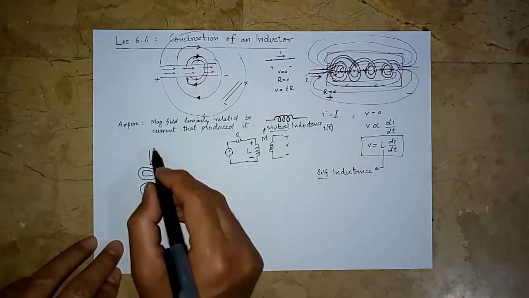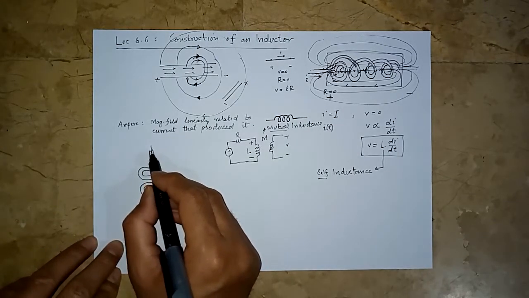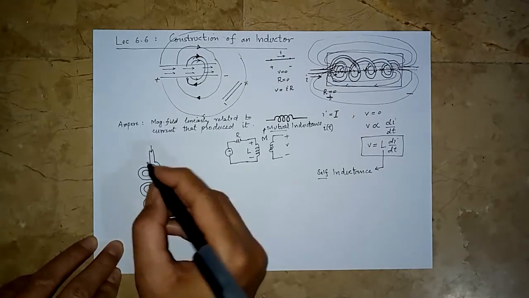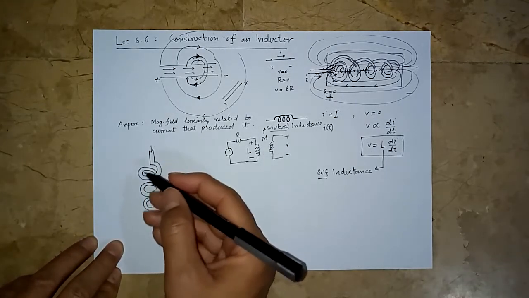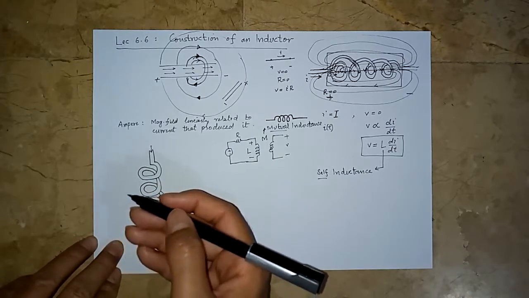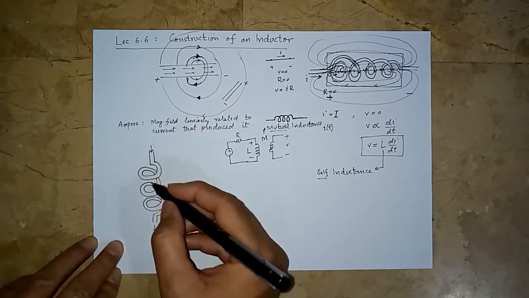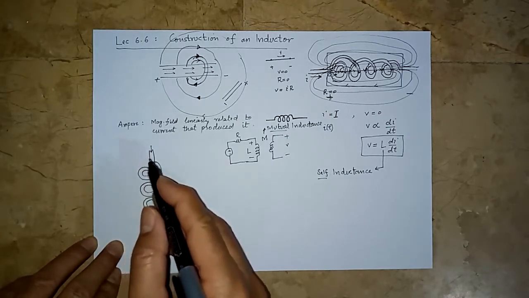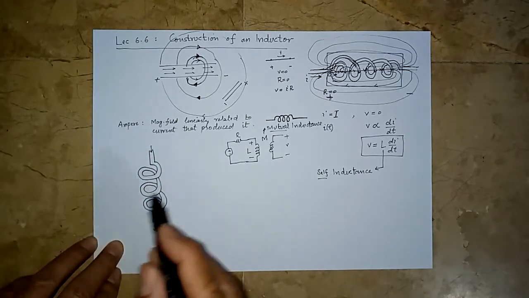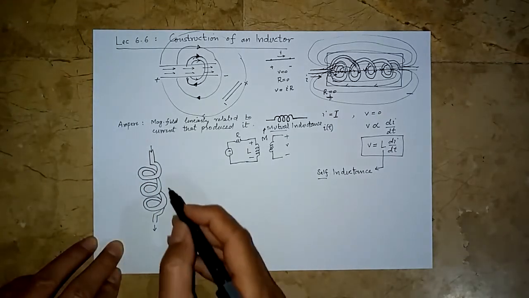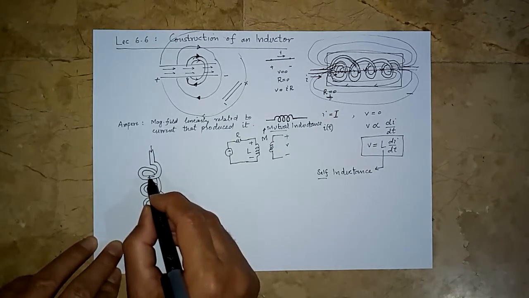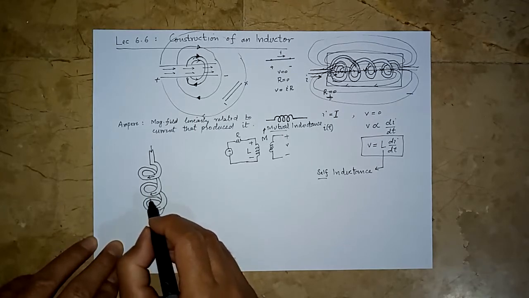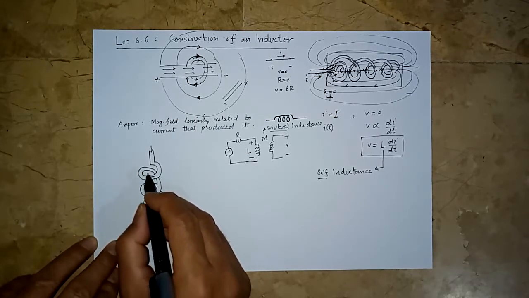It is woven in this way: if we have a current flowing downward in this conductor, these parts are those that are nearer to me, and that part is away from me. So it is actually a coil that has been woven like this: upward, downward, upward, downward. This part is the upward part, and we have current flowing in this fashion, and in the downward part we have the current in the opposite direction.